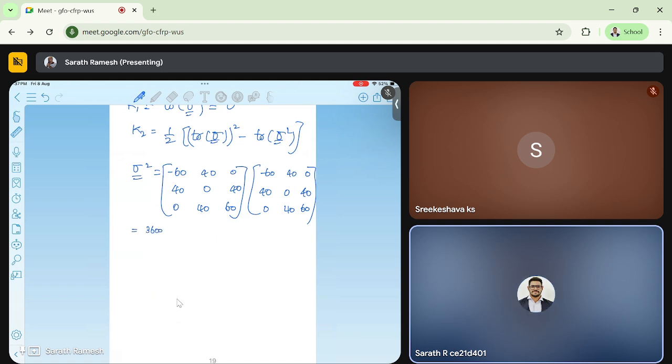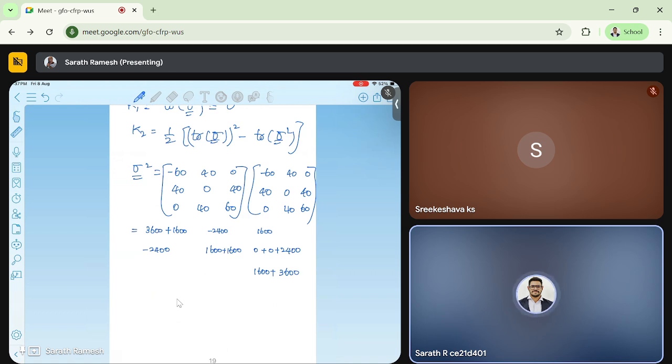So let's find this. The first entry is 3600 plus 1600 plus 0. Second row, first column is minus 2400; second row, second column is 1600 plus 1600; second row, third column 0 plus 0 plus 2400; and third row, third column is 1600 plus 3600.